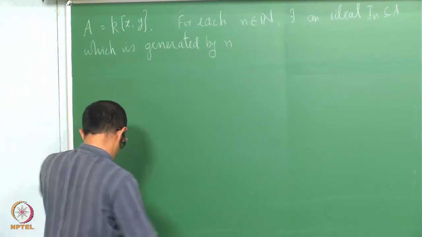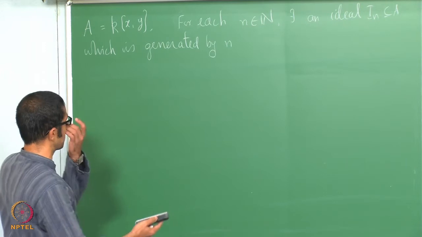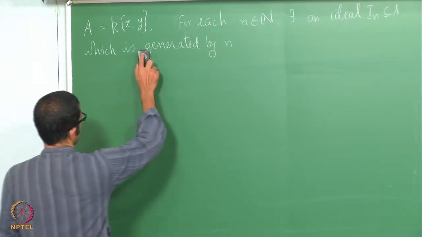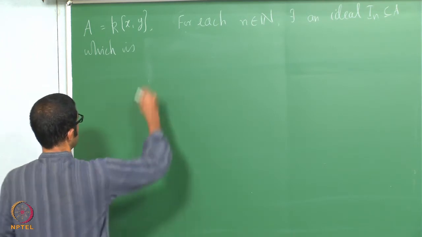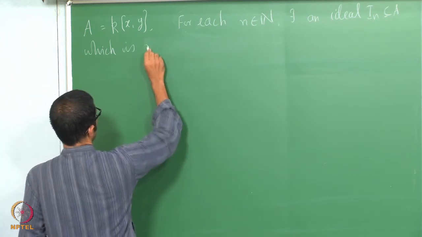When I say generated by, I mean minimally generated by, because otherwise you can add many elements to the generating set which is minimally generated.